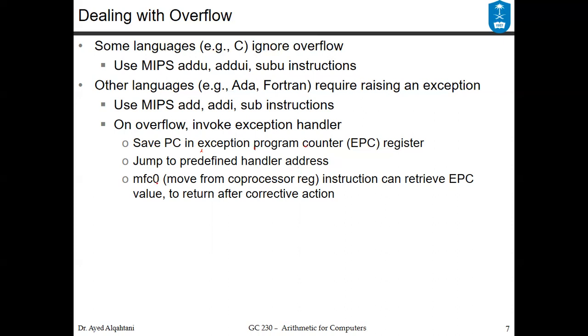You use the MFC0, move from coprocessor register number 0 instruction, which can retrieve this EPC that you saved at the beginning to return after you finish the interrupt service routine, and then you continue after you handled this overflow.